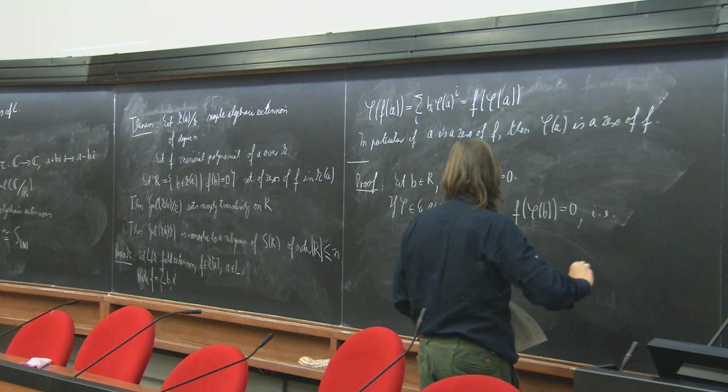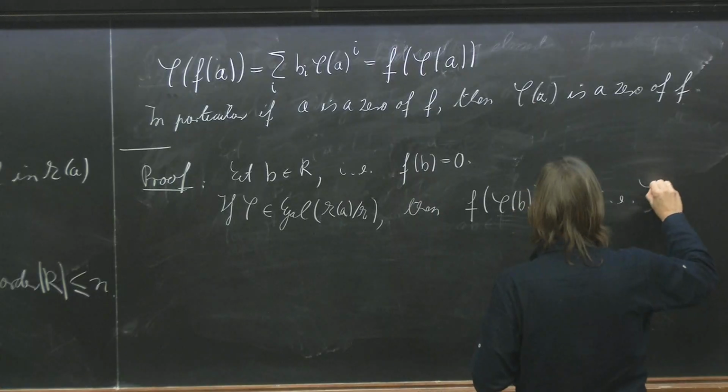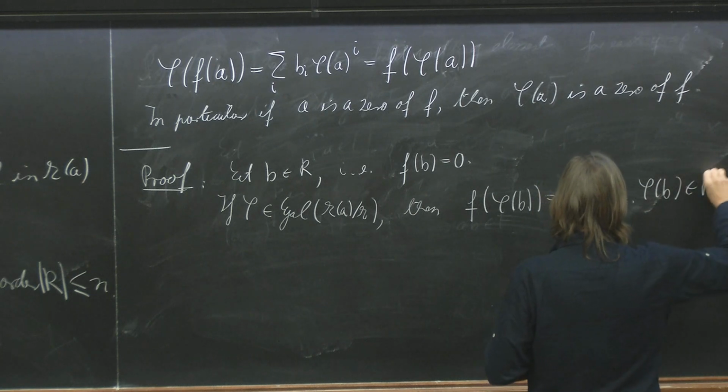That means phi of B is also an element in R.